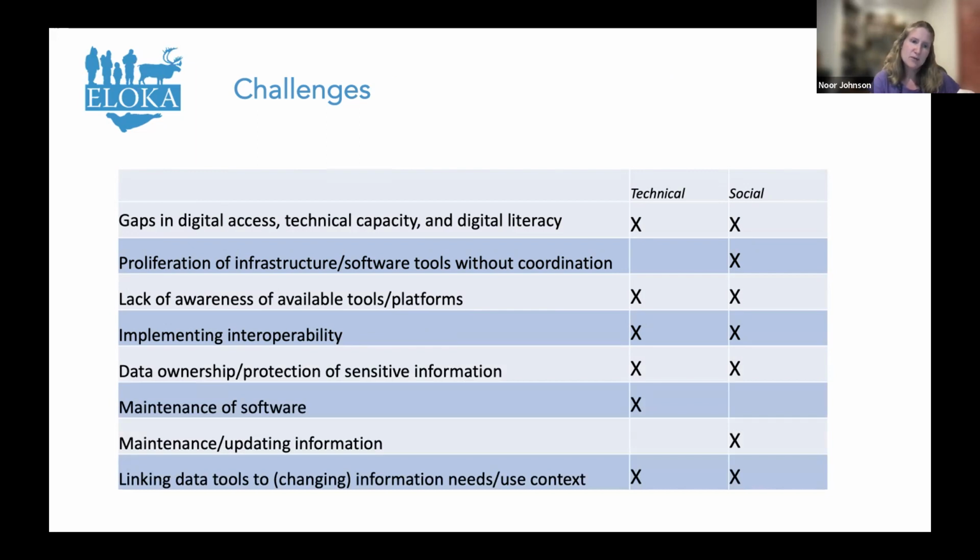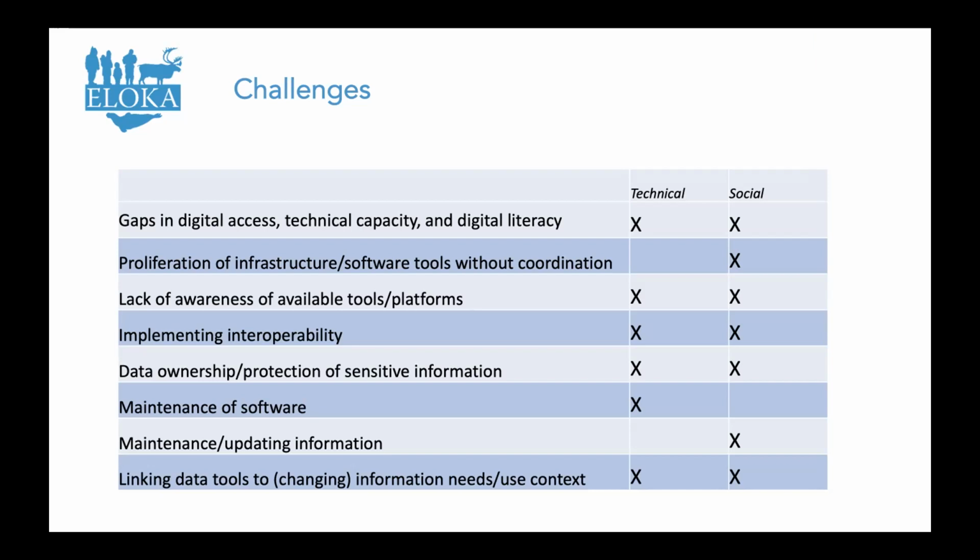This is an issue that most of us are aware of in the Arctic, that there's very uneven access to the internet, and that it's very expensive in many communities. So if you're managing data and sharing data online, this can be a real problem, especially if your main intended audience is Arctic residents.